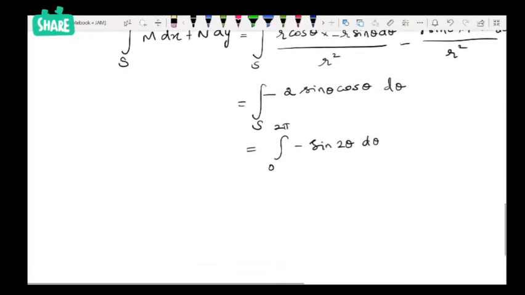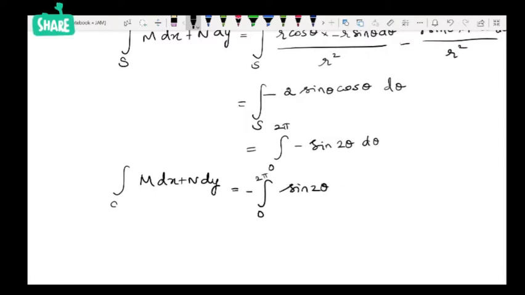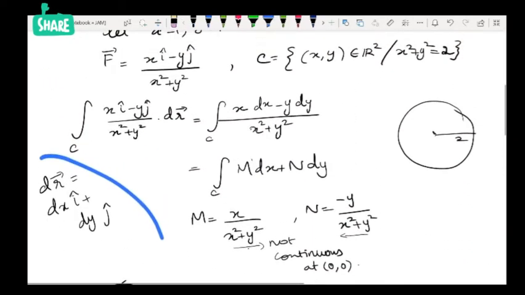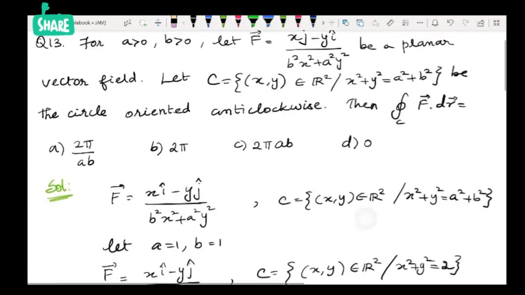So the integral over C of M dx plus N dy is the integral from 0 to 2 pi, and the negative sign will get cancelled, so we just have this integral. And let's just apply this and find the value.